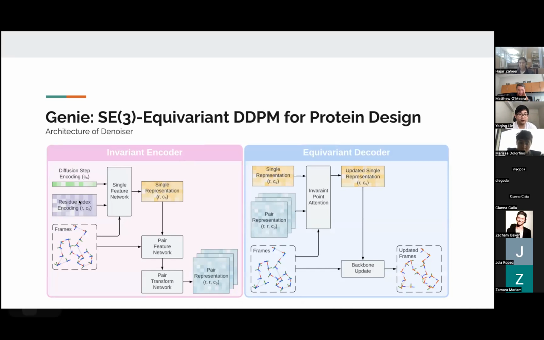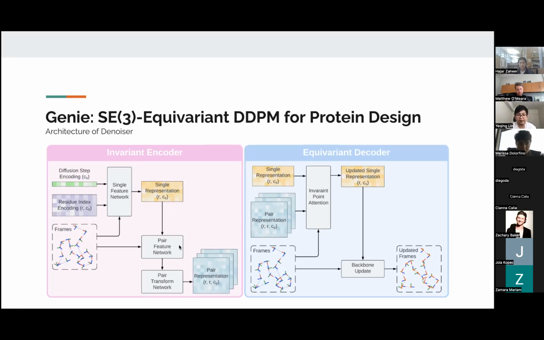The invariant encoder has basically three components. The single feature network constructs the single representation, and it's very simple. It just concatenates multiple sinusoidal encodings, including the diffusion time step as well as the residue index encoding, which is also a sinusoidal encoding. I don't think I used the frame here. Then we do a linear projection into the given dimension space.